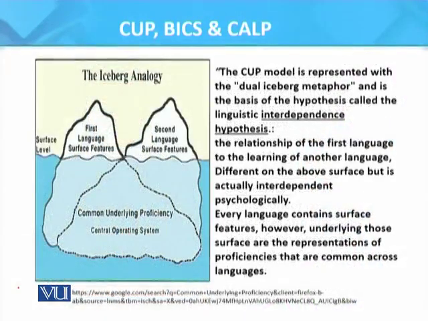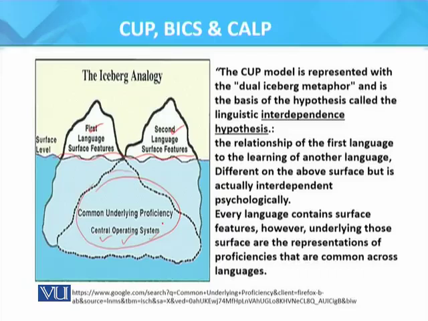You have an image in front of you where you can see the iceberg analogy. Here you see the first language and the second language. These are the surface features, the actual representation of the specific language, the first language and the second language. And this is the common underlying proficiency, which works on the basis of a central operating system.